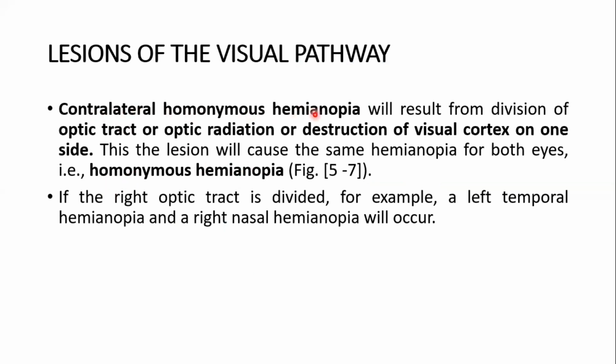Contralateral homonymous hemianopia will result from division of the optic tract or optic radiation or destruction of the visual cortex on one side. This is the lesion, and the lesion causes the same hemianopia for both eyes. That is the homonymous hemianopia. If the right optic tract is divided, for example, a left temporal hemianopia and a right nasal hemianopia will occur.